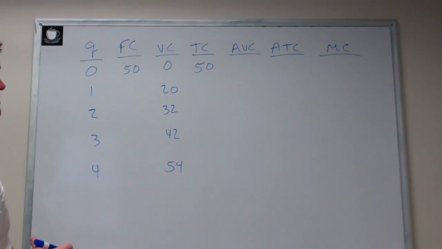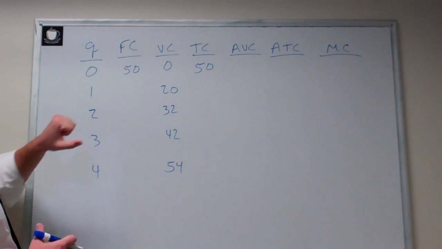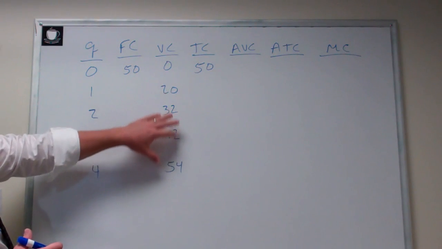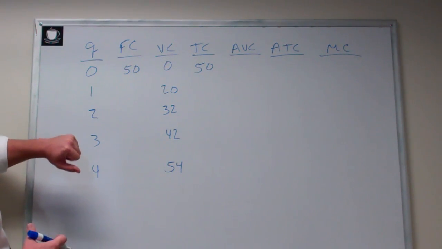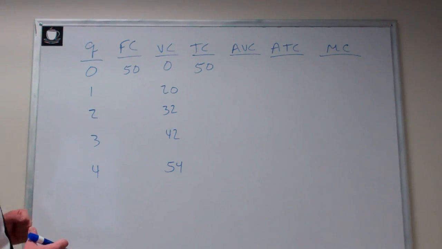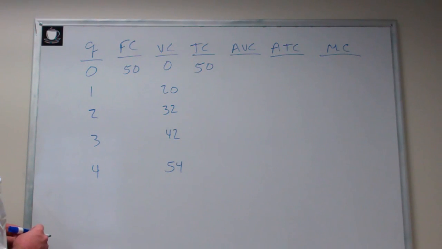So let's look at this firm here. We've got 5 different levels of output, and we've got some information about the variable costs the firms face in order to produce these 5 levels of output. And we also have some information about fixed costs here. And I want to fill out the rest of this table so that we can have an understanding about how these variables can be calculated.